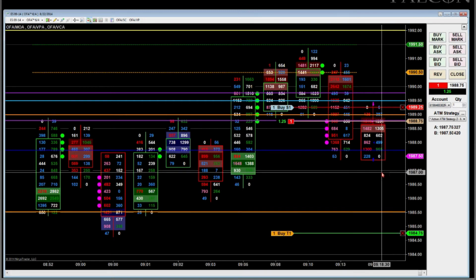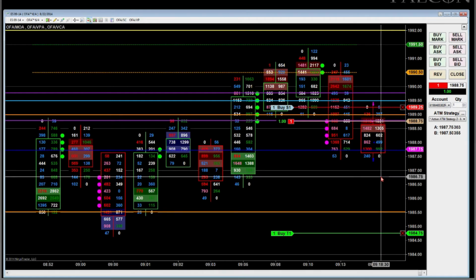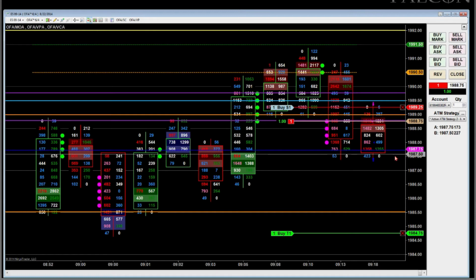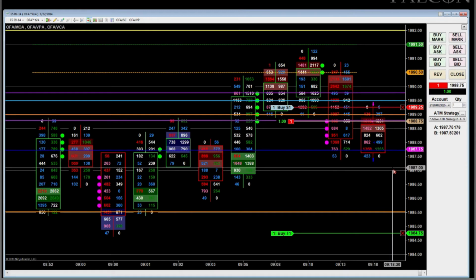So I'm going to give this a little bit more room to the downside here. Remember, I'm working to manage to a target for the day. And the first thing I'm doing is managing my risk. So we can see this area. This is what I would have expected.